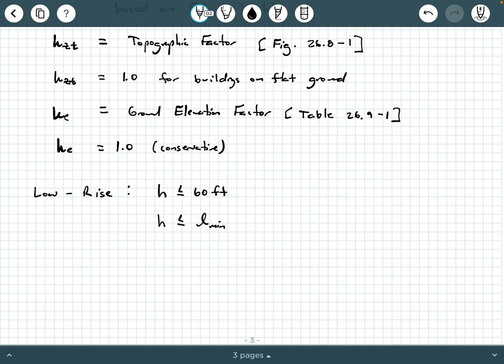So what does that mean? If I draw a little sketch here of my building, here's my mean roof height. This is h, and it's going to be less than or equal to 60 feet, and this is an elevation view.